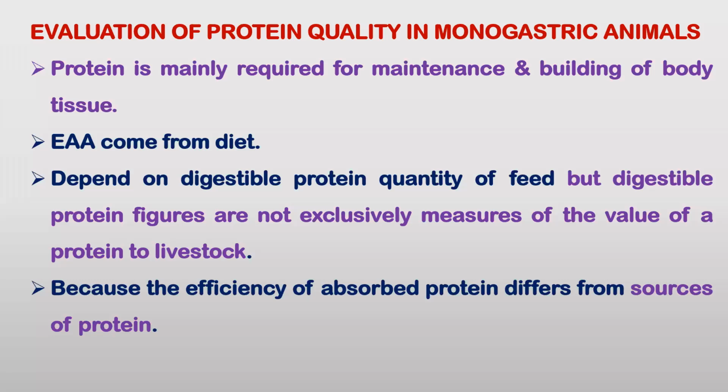The diet contains different amino acids, and there are mainly 2 types of amino acids, essential and non-essential amino acids.